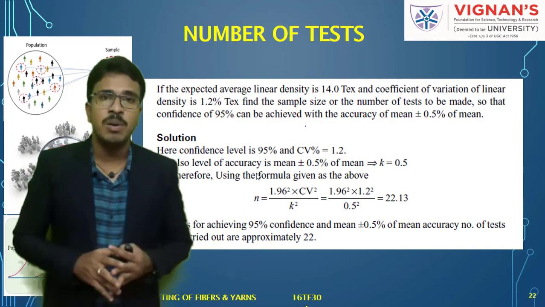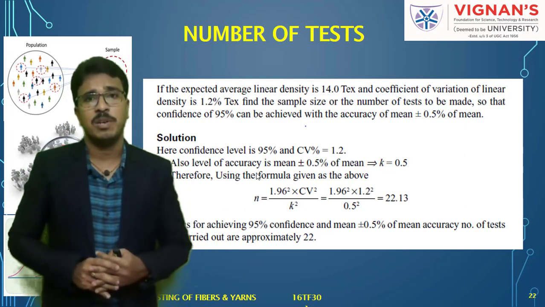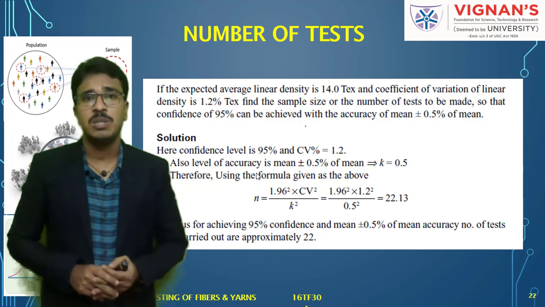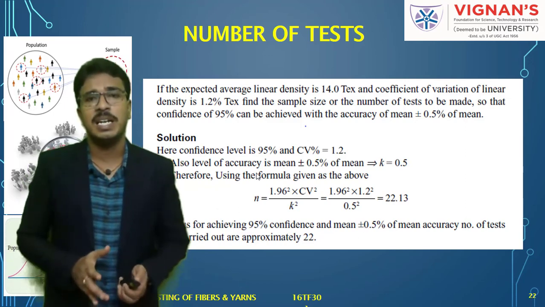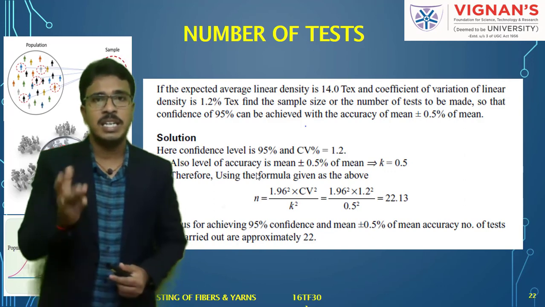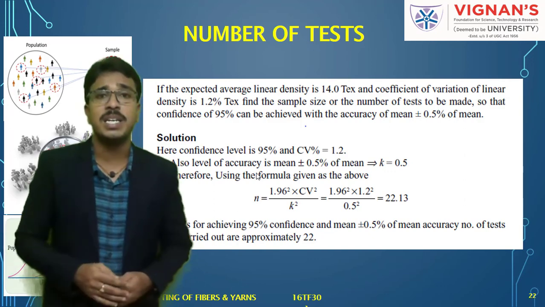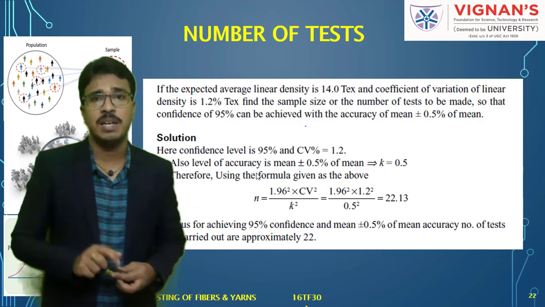This is how we need to find out the number of tests. In order to find this, you should know the expected conditions like linear density, coefficient of variation, and the accuracy levels.